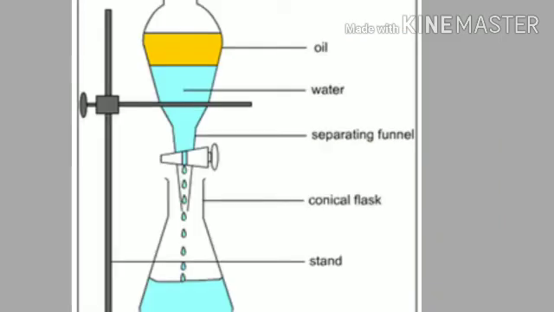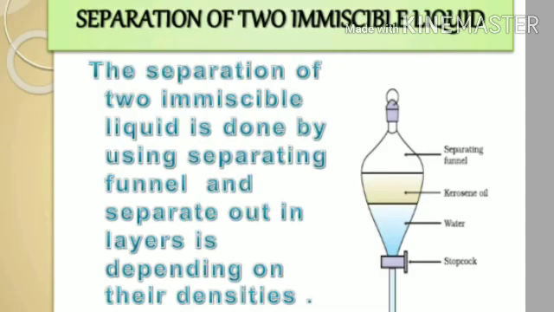First of all, let's see how we can separate the components by using the separating funnel method. A separating funnel is used for the separation of components of a mixture between two immiscible liquid phases.